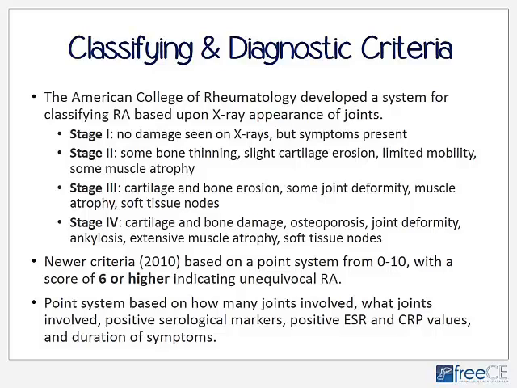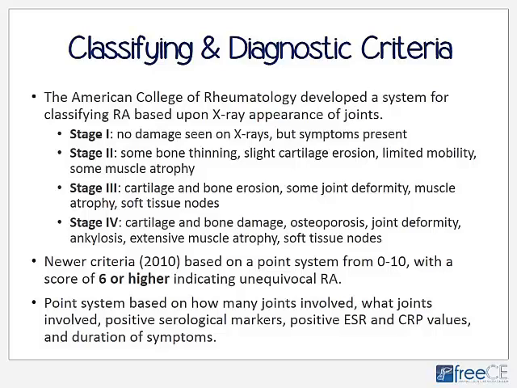And we go through stage 2, where there is some slight erosion in the cartilage, limited mobility. Stage 3, more of the same, just worse and more progressive. We also see the soft tissue nodes there with stage 3. And then stage 4 is the most destructive. We've got deformity, we've got the ankylosis, and usually extensive muscle atrophy and muscle pain with soft tissue nodes.